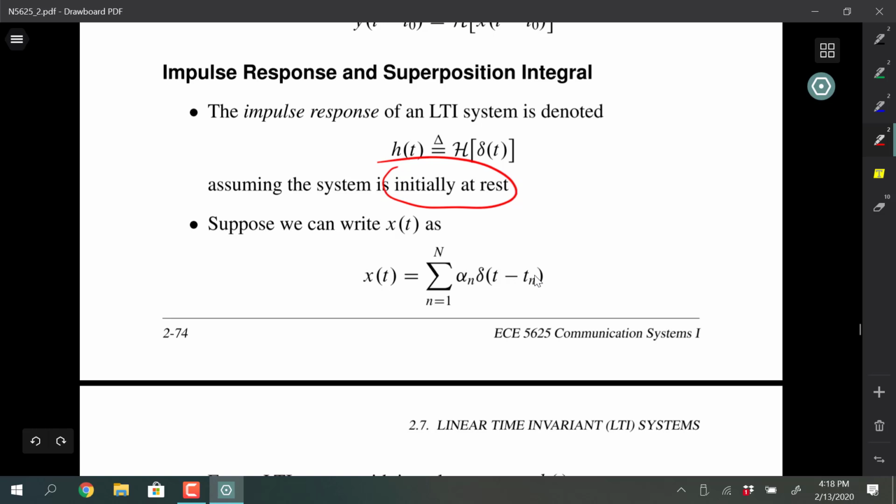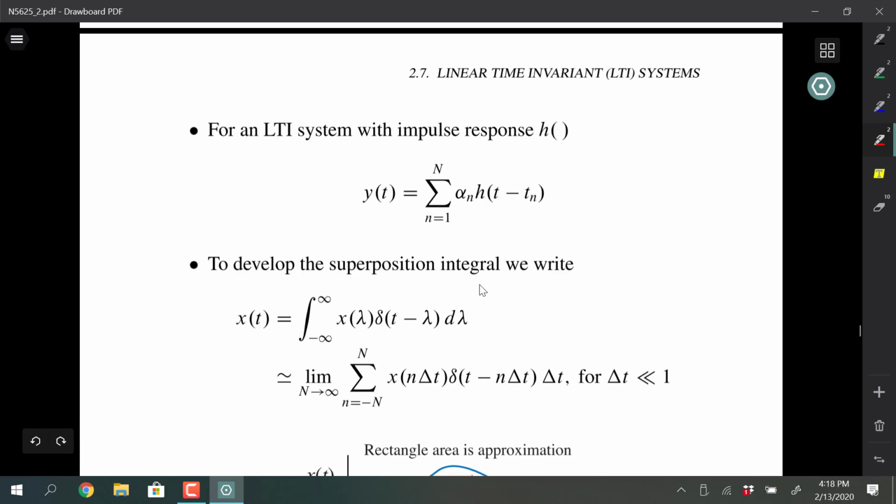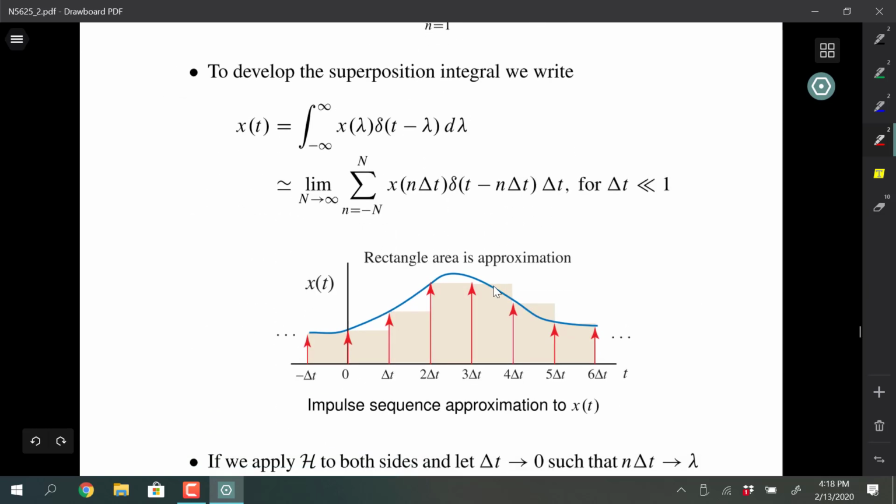you can start with this idea that the book uses: let's represent a signal approximately as a finite number of delta functions with amplitude values to kind of look like this picture right here.